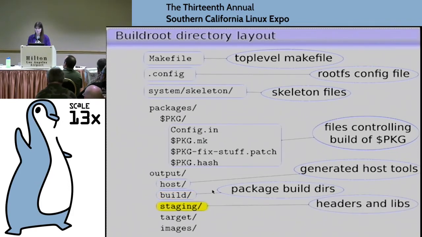Then you have staging. Staging is a kind of common concept among the embedded build systems specifically. If you think about building something for your own host system, then it's welcome to go find the libraries under /usr/lib most of the time and the header files under /usr/include.